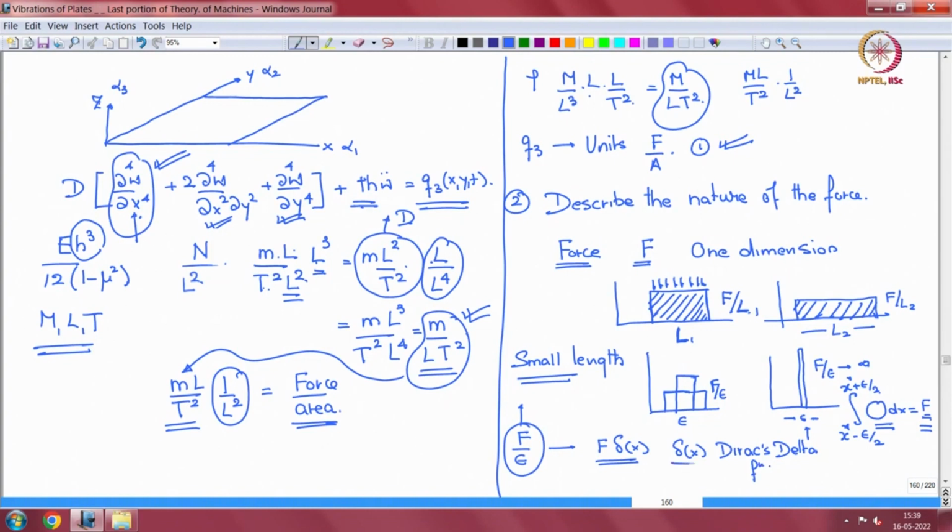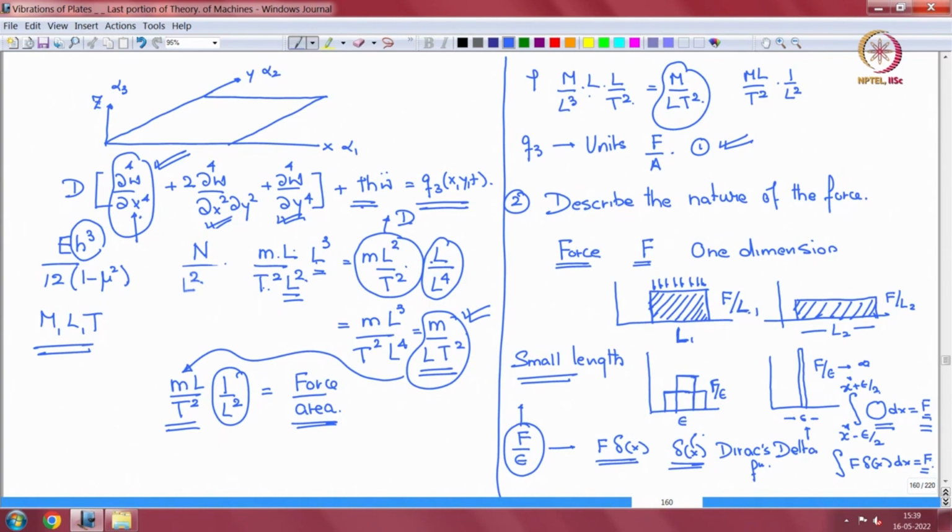It is undefined at x equal to 0, where the argument goes to 0. However, under the integral f delta x dx, it turns out to be f.